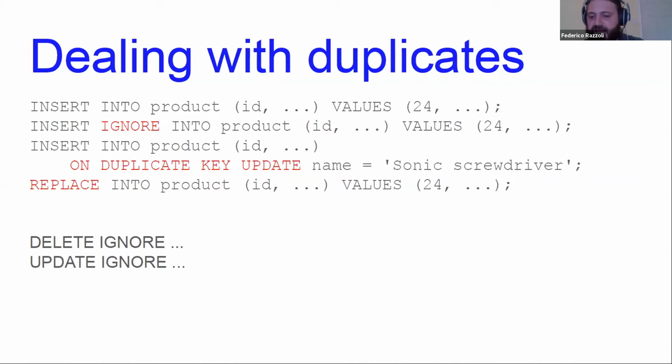So basically, the basic syntax of insert is what you see in the first example, and hopefully more or less you know it. You can also add an IGNORE keyword, which means even if the row we are inserting exists, don't generate an error.